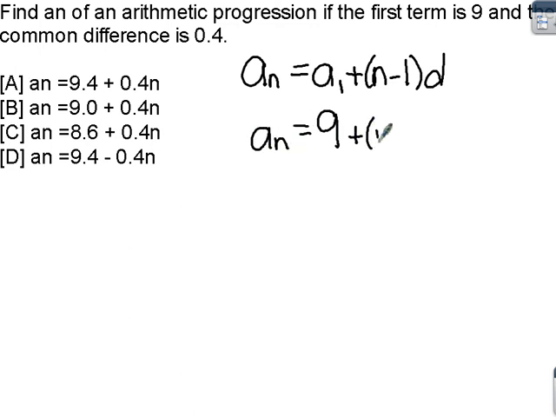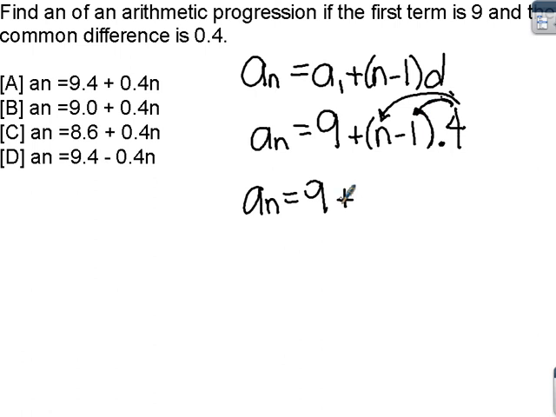Okay, and then basically we're just going to kind of clean that up a little bit. We get a sub n equals 9, and I'm actually going to distribute this 0.4 so that we can get just one nice little equation here. So 0.4 times n is 0.4n.